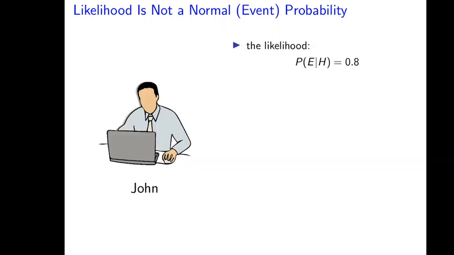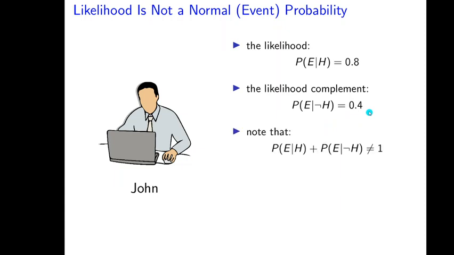So let's illustrate this fact with the John example. We saw in the John example that the likelihood that John is double qualified given that John got the job equals 0.8. The complement of this likelihood, which is the probability that John is double qualified given that John did not get the job, equals 0.4, so half the value of the likelihood.